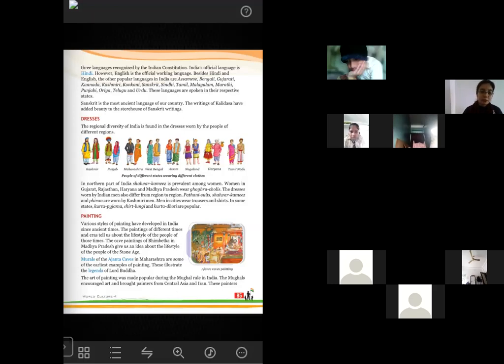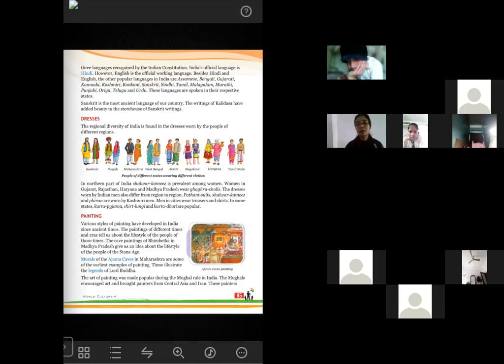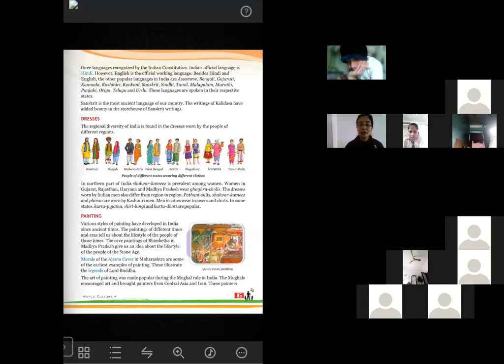Okay. Next, the paintings of Ajanta caves in Maharashtra are some of the earliest examples of paintings. You can see different types of models that are made in stone, idols and models. They are also present in the Ajanta caves.